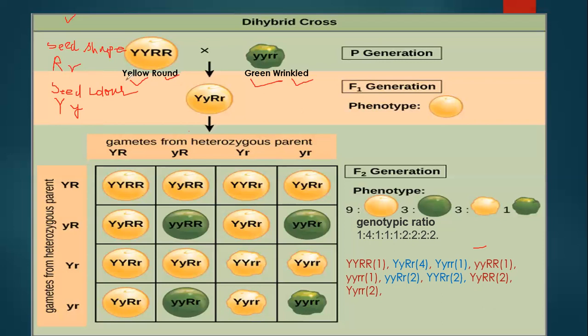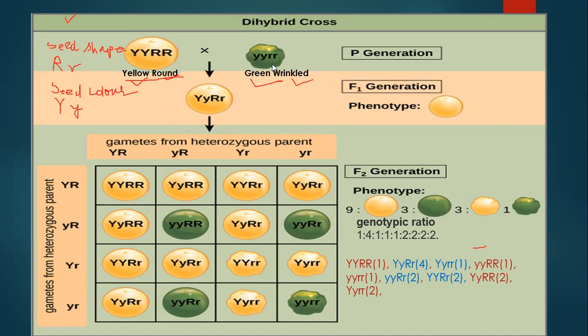First, he took homozygous true breeding plants, differing only in two traits: seed shape and seed color. Plants producing yellow and round seeds were taken, and another plant which was homozygous for green and wrinkled.